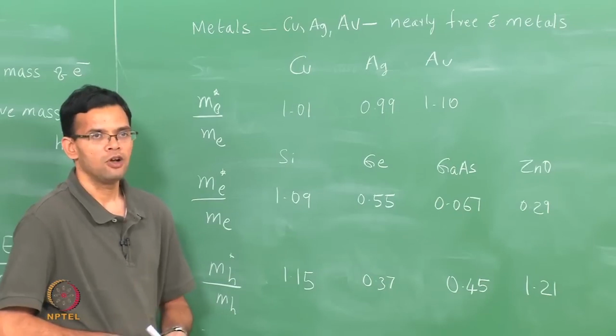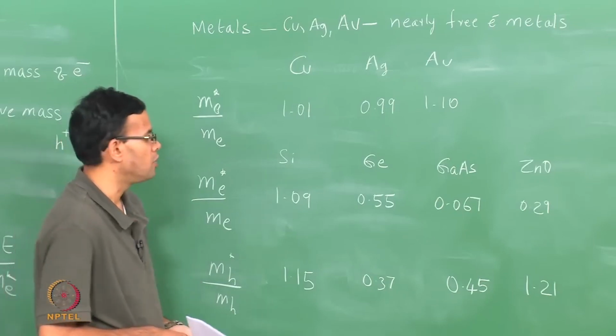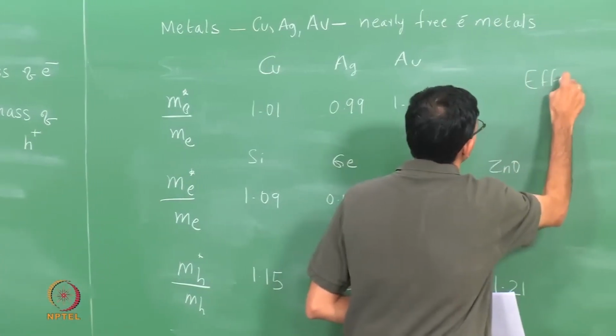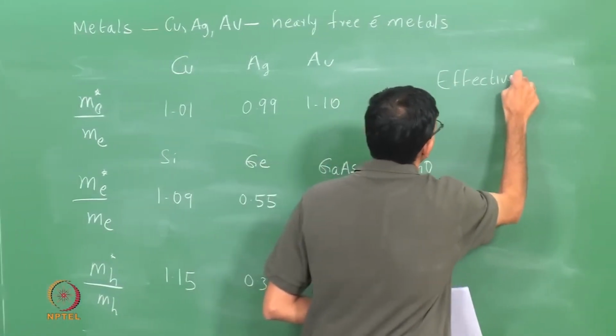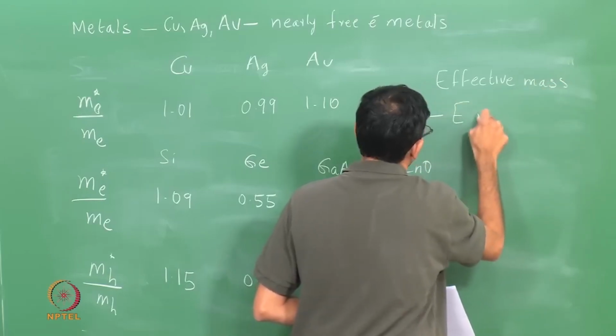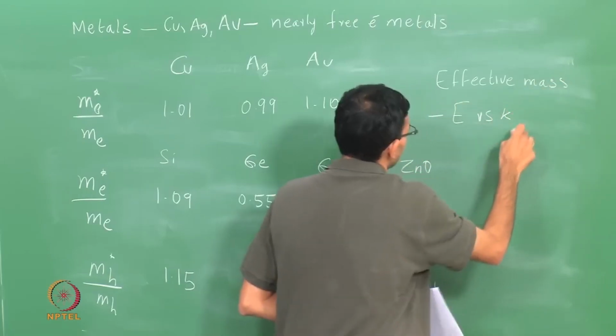So, these values of the effective mass depend upon the band structure, right. So, the effective mass depends upon the E versus K plots that we saw earlier.